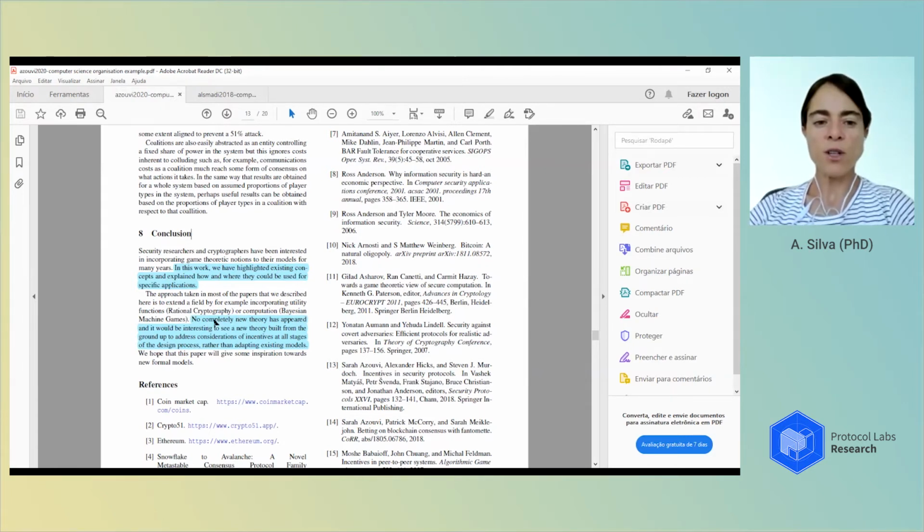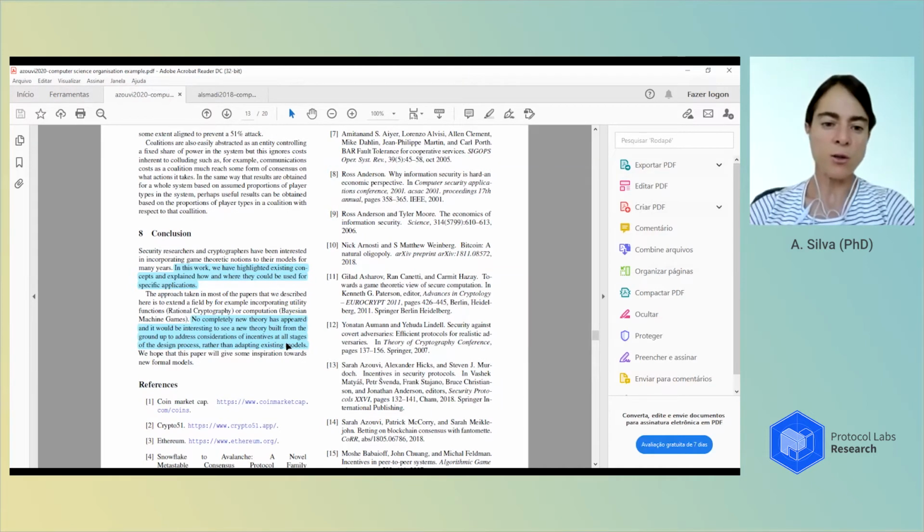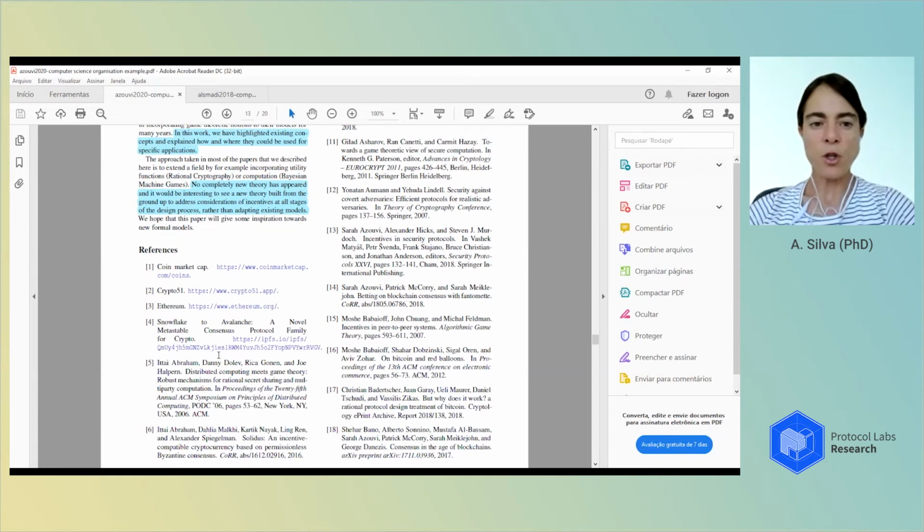So what they're advocating is that no complete new theory has appeared, and it would be interesting to see a new theory built from the ground up to address these considerations rather than adapting existing models. So they're putting forward a future step in this research field. These are normally the two most common pieces of information to find in the conclusion. And then the references show. So this was this paper.